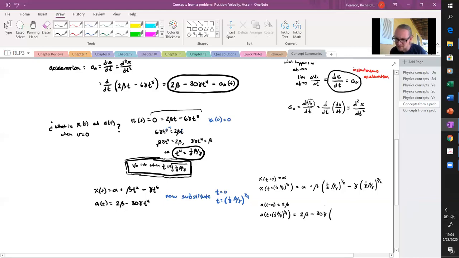That makes it convenient because now we have 1/3 beta over gamma times a fourth times 1/4, which just gives us 1. So that means that we can now multiply everything through.